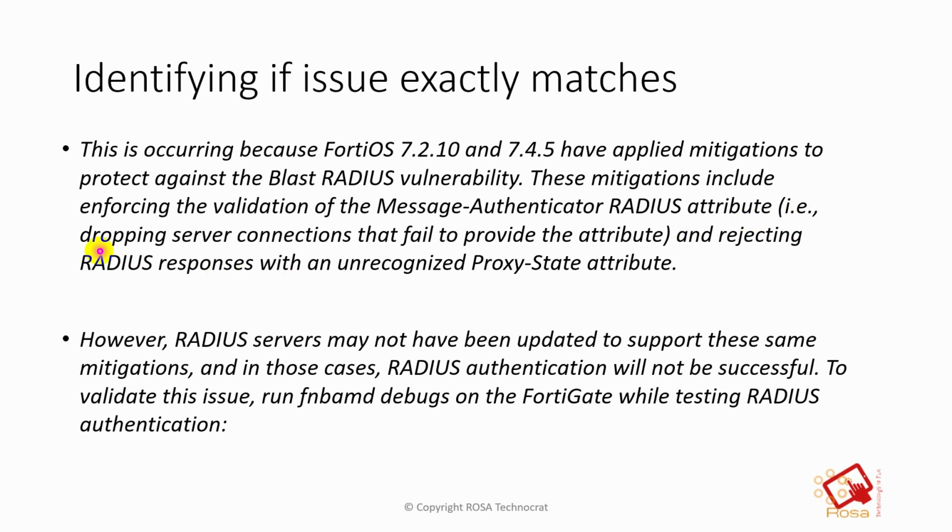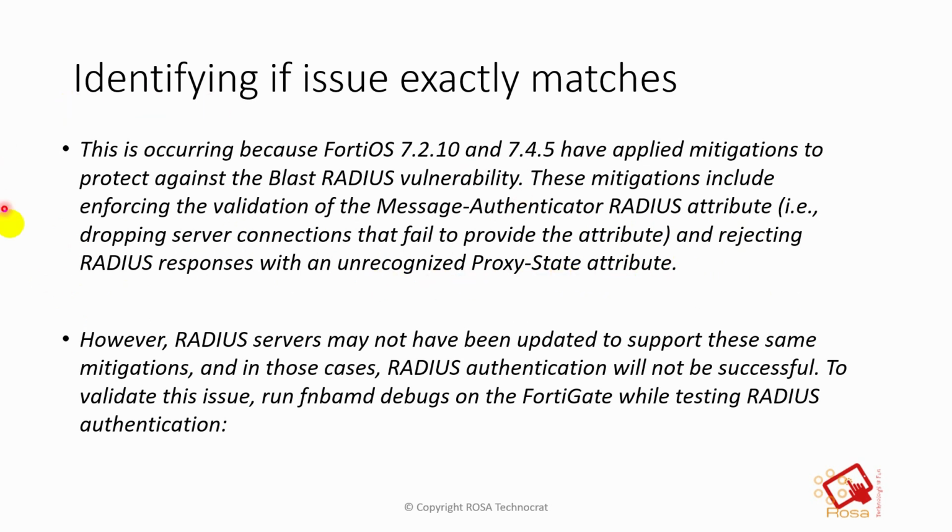So that is dropping server connections that fail to provide the attribute. If the Radius server is not able to provide the message authenticator attribute, then that request will be dropped and will not be accepted, and the Radius response is rejected with an unrecognized proxy state attribute.